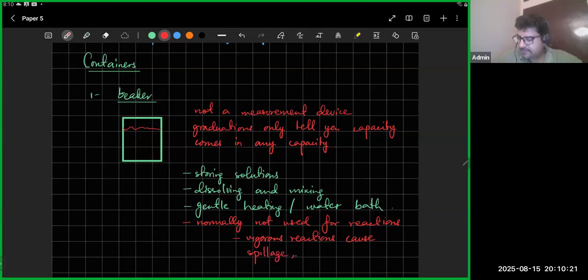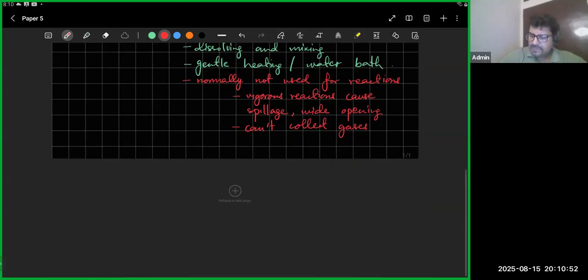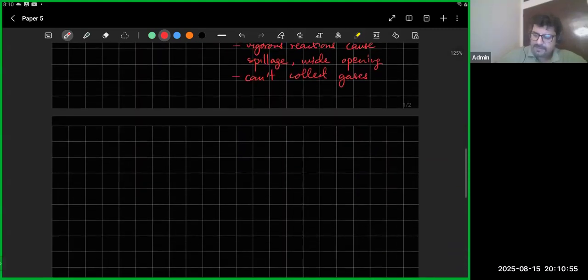It has a wide opening which would lead to stuff being spilled. And what else? You can't collect gases. If gases are coming out of it, you would probably not be able to collect gases. ये clear?